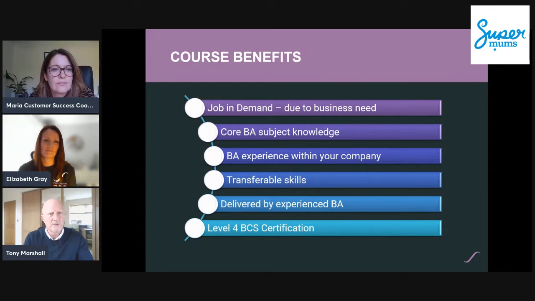That'll give them an opportunity to impart their business analysis subject knowledge into the new job roles that they're working in. So it's not just to benefit them in their job role, but it also has a knock-on effect from the employer's point of view. At the same time, the skills they've been taught and the accreditation they've got give them the opportunity to increase not only their knowledge and skills, but also their earning potential over any period of time.